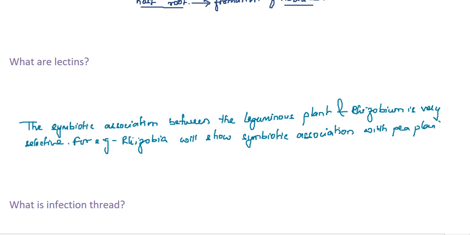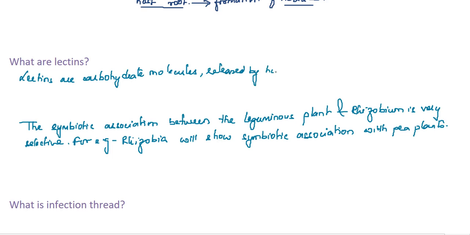So these lectins are carbohydrate molecules released by the host plants on their cell surface. They are carbohydrate binding proteins. So these are basic ideas we all have.